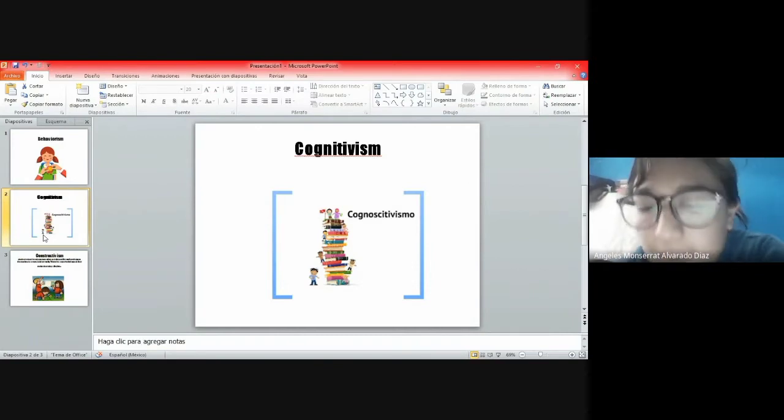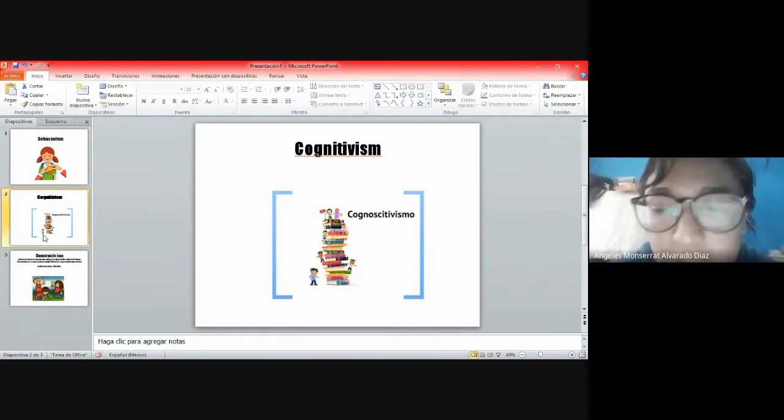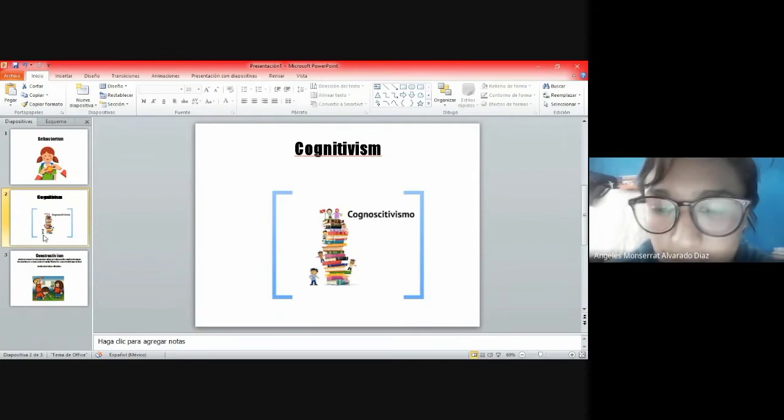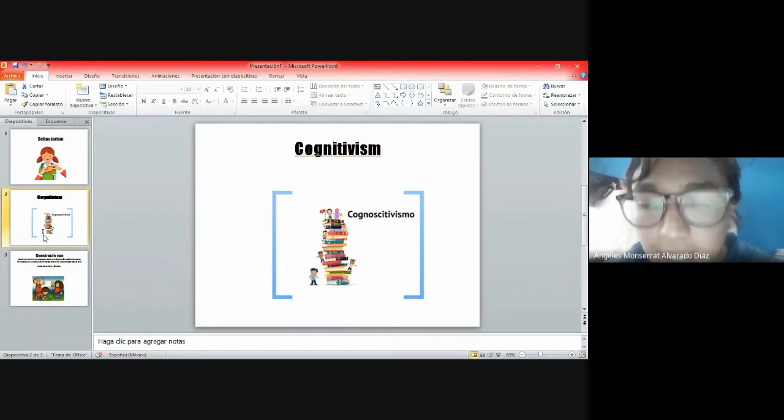In cognitivism, the mind filters what comes from the world to produce your own reality. In constructivism, knowledge is independent of the mind and is represented by the students. The cognitivist does not deny the existence of a real world, but it is born from the interpretation of experience.